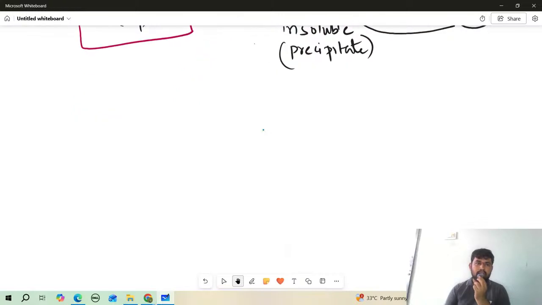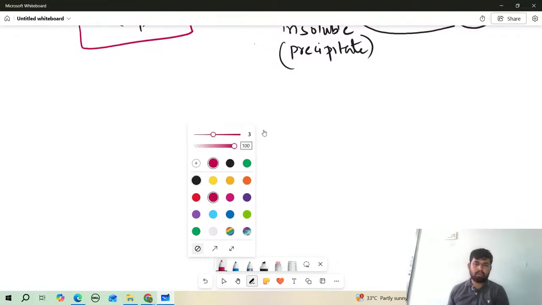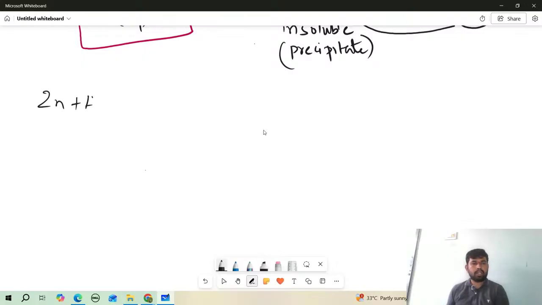Now see, when they are asking to repeat the activity with HCl, let me take H2SO4 first. If I take H2SO4, you know very well, 1 mole of zinc will react with 1 mole of sulfuric acid.